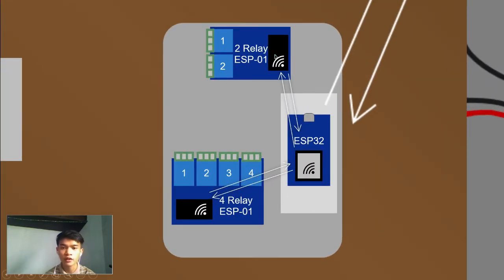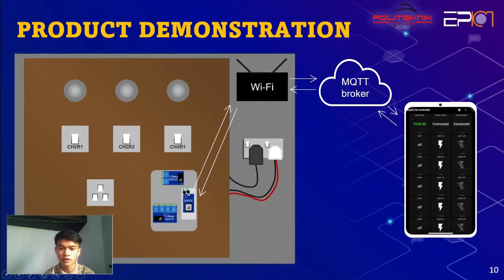We have two relay modules, the ESP01 2 relay channel and a 4 relay channel, and another one is the ESP32. The ESP32 will be the server for this project, and these two will be the clients. Also, same goes to the user smartphone.